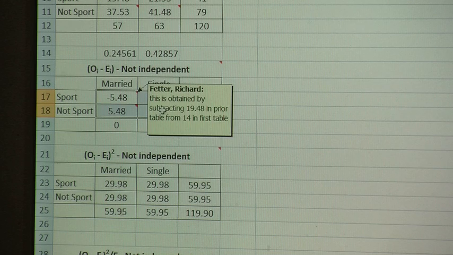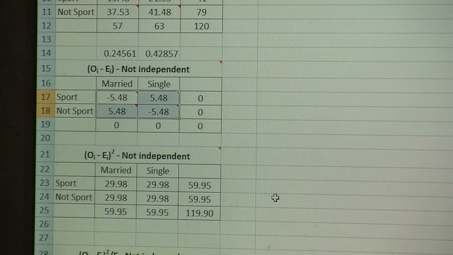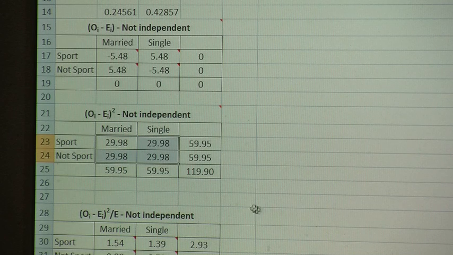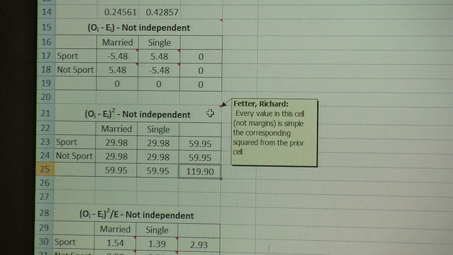And since every value in this table is equal to 5.48 in an absolute value sense, when you square every cell here, you get 29.98 in all 4 cells. So that sums to 119.9. Okay? And again, you can look at the cursor here and it tells you every value in this cell, not the margins, but in the actual data itself, is simply the corresponding number squared from the prior cell. I need to fix the wording there.